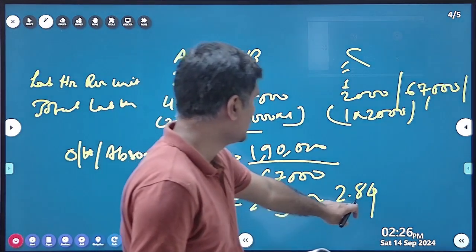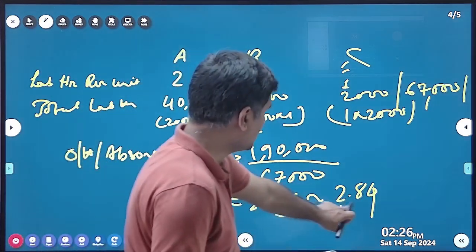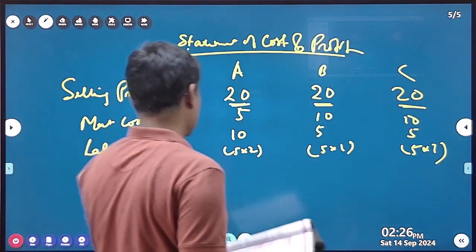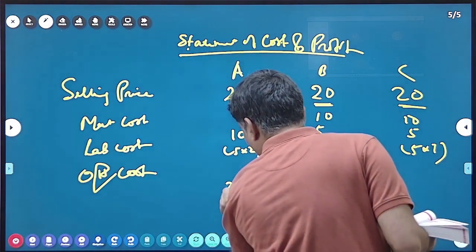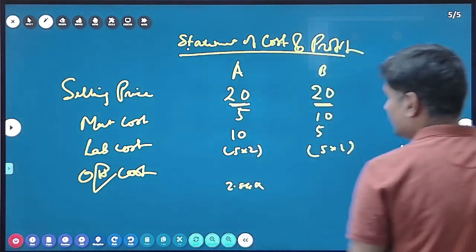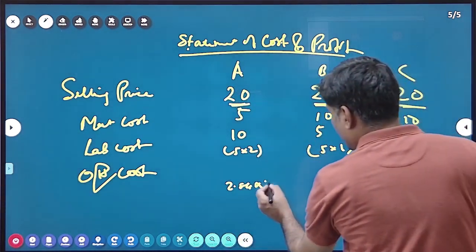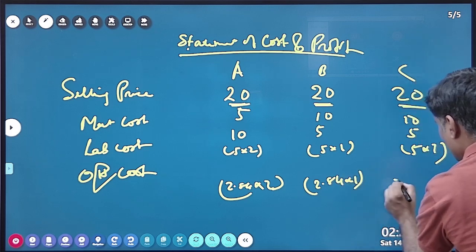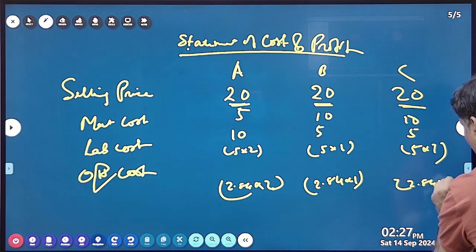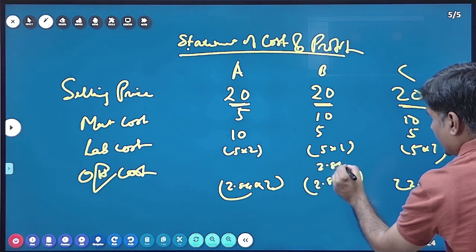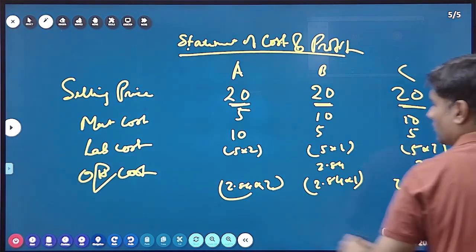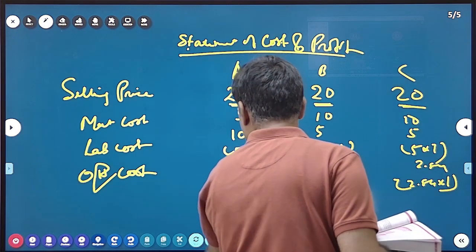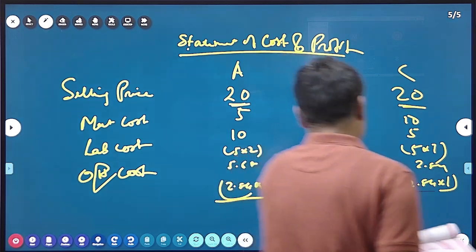Overhead rate is 2.84 into 2, 2.84 into 1, 2.84 into 1. How much is it? 5.68.